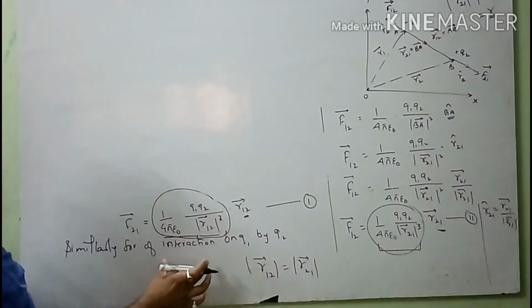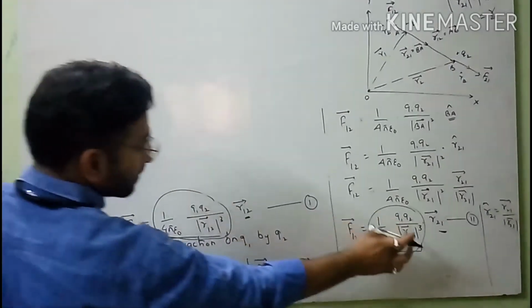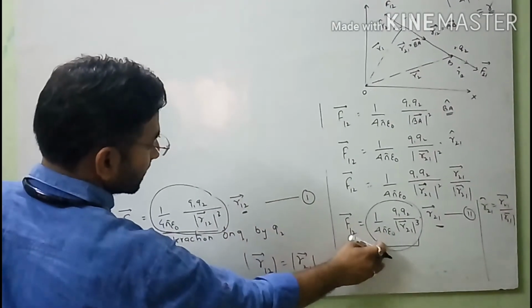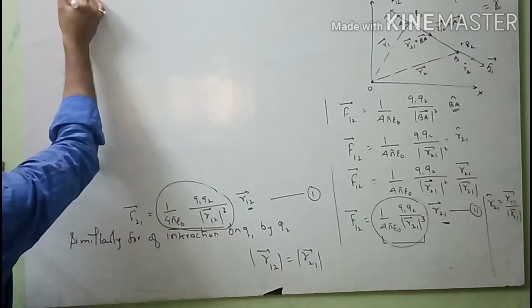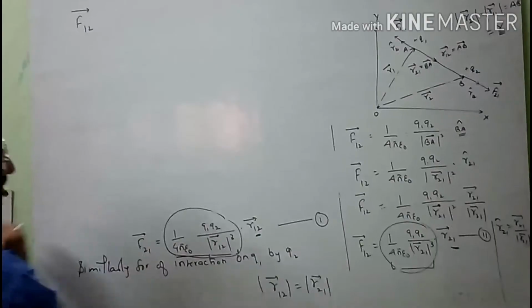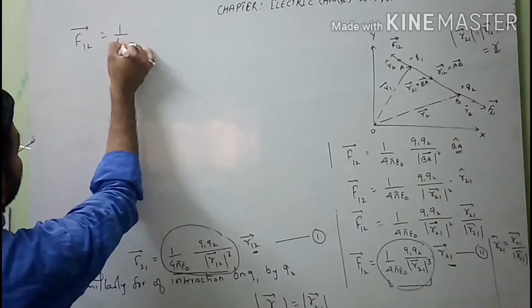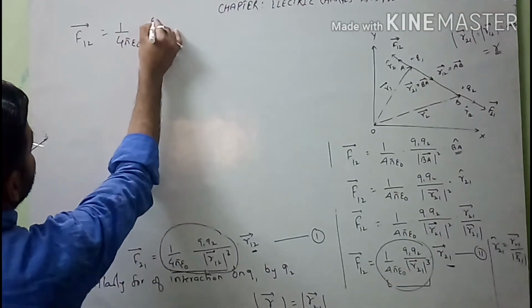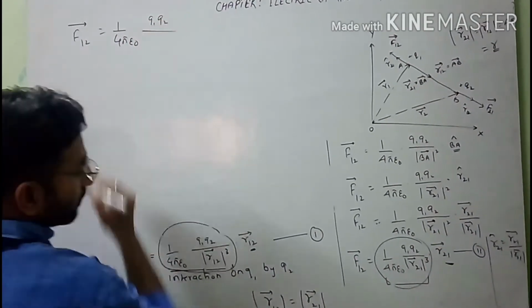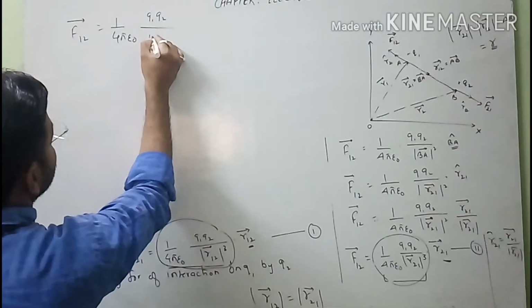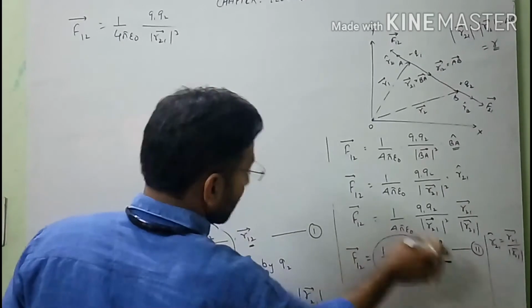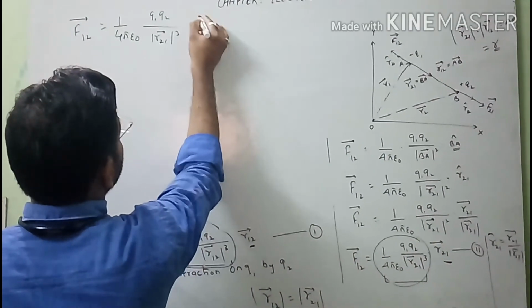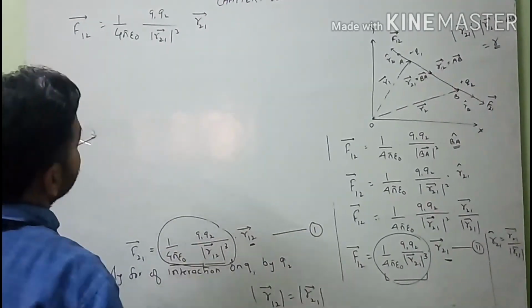So from the second equation, after proceeding, I will write here F12 is equal to 1 over 4 pi epsilon naught Q1 Q2 over R21 square into R21. Clear, student, in vector form.